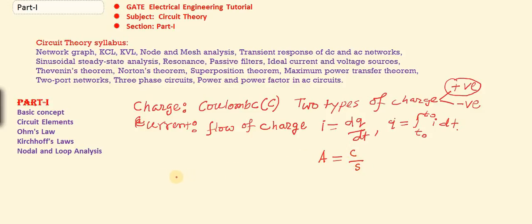There are two types of current: DC current and AC current. DC current is that which remains constant over time, and AC current is that which varies sinusoidally over time.